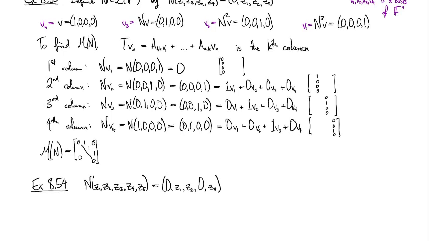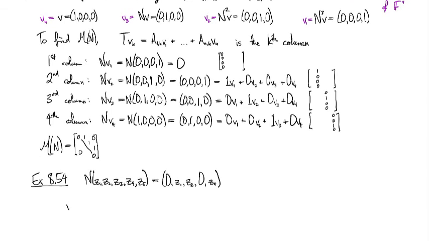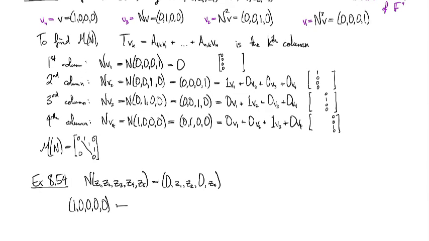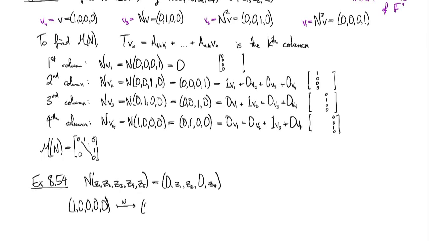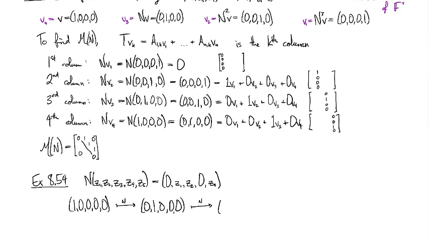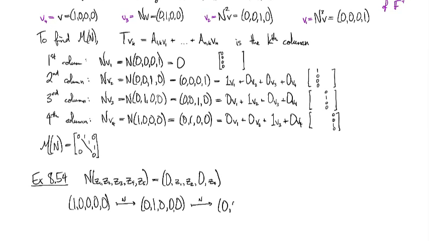Okay, so now look what happens. If we start with 1, 0, 0, 0, 0, and we apply the transformation n to it, then we'll get 0, 1, 0, 0, 0. And if we apply n again, we'll get 0, 0, 1, 0, 0.